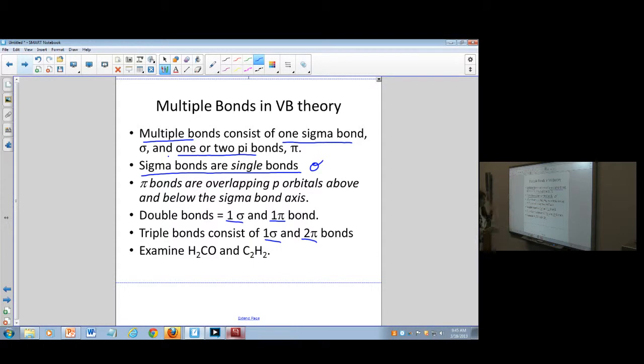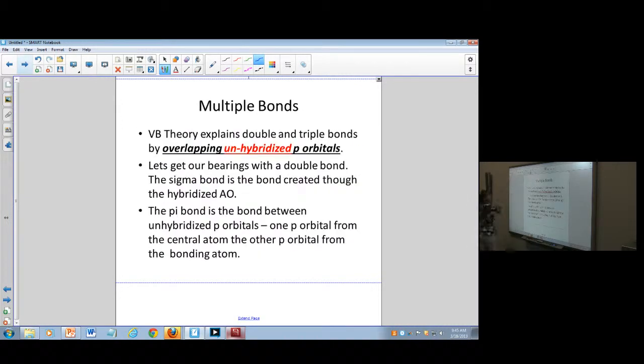Pi bonds are those unhybridized p orbitals that we looked at earlier, above and below the sigma bond. And we'll see that just in a minute. So remember, this is what we're going to use. The unhybridized p orbitals help us explain double and triple bonds.